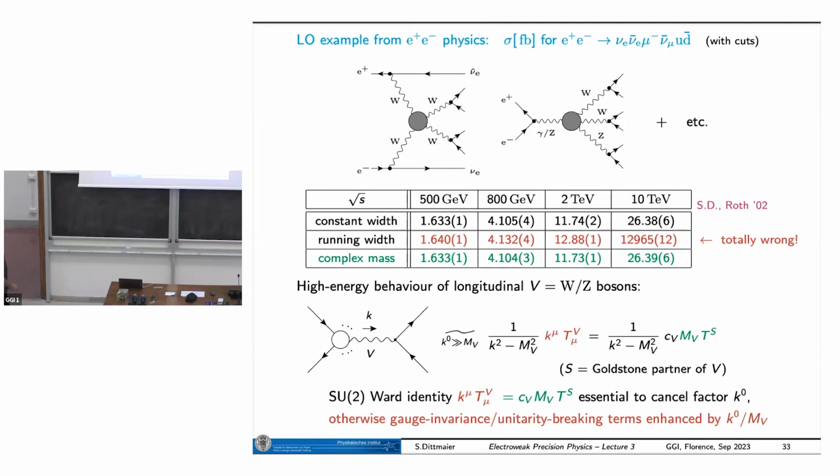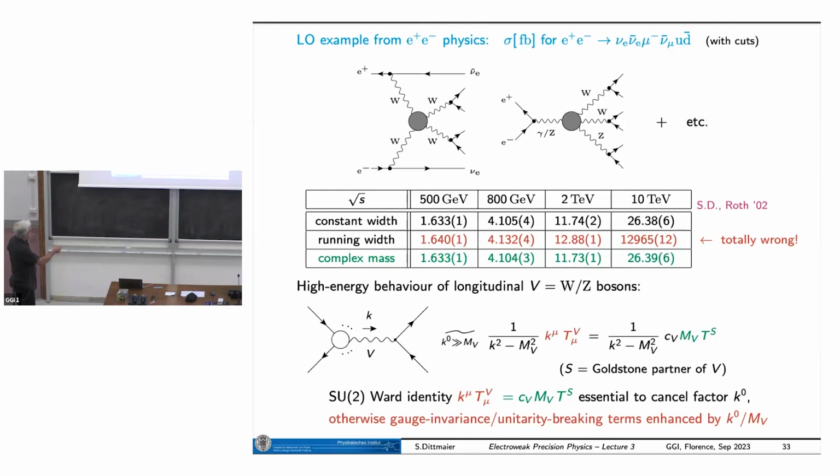And what I have depicted here in the table are cross-section predictions with rising energy up to the multi-TeV range, produced with some cuts. You can look it up in the paper. And you see, for example, that you get a reasonable high energy behavior even with a constant width, but not for the running width.